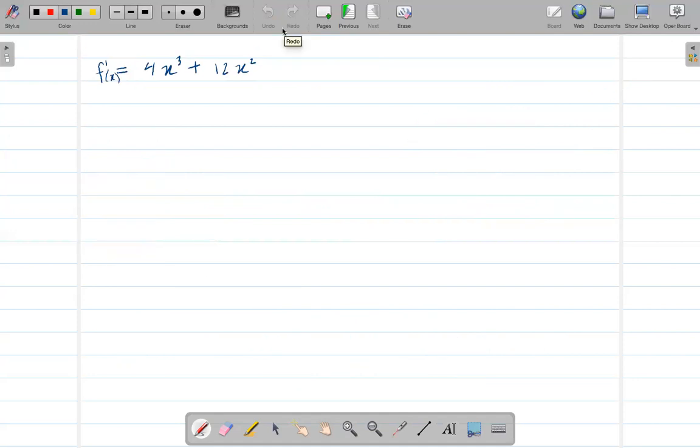Okay, now after this, I can find f double prime of x, which is 12x squared plus 24x, right? Now for this, I can set it equal to 0.